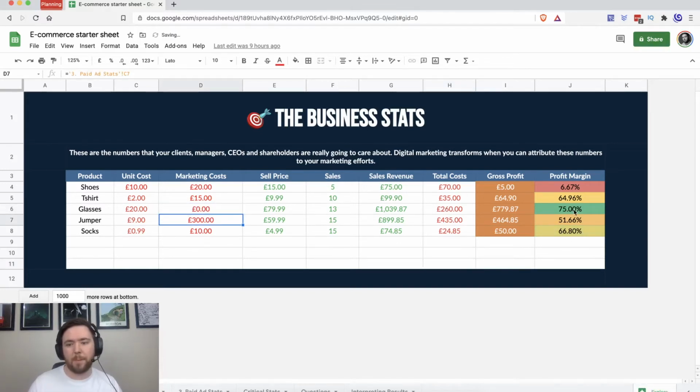So they've got a 75% profit margin. Excellent, great, really good. So you can then leverage that and you can work backwards because you know, okay, well, their unit cost is this, their sell price is this, marketing costs have been this, therefore total profit is this, profit margin is this. That's where you want to get to.